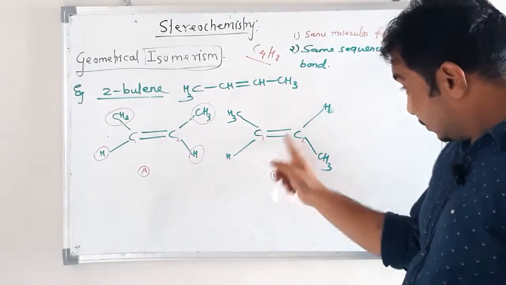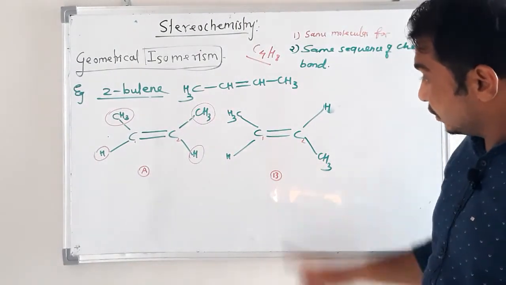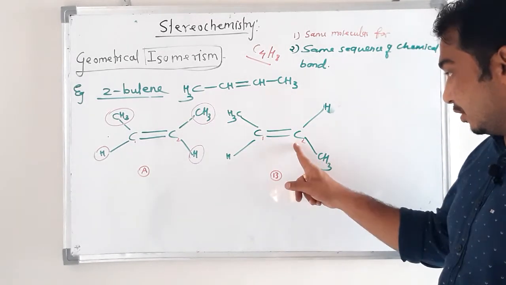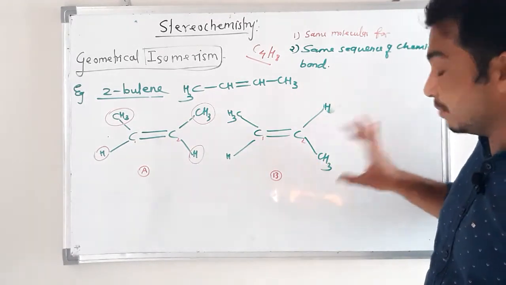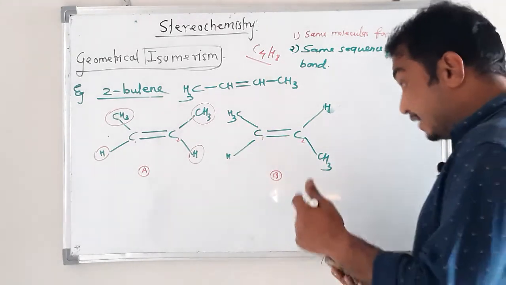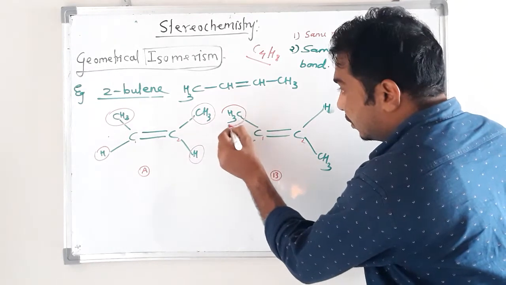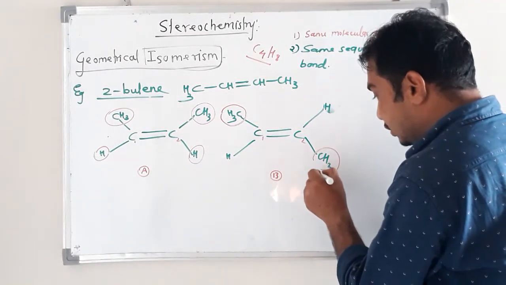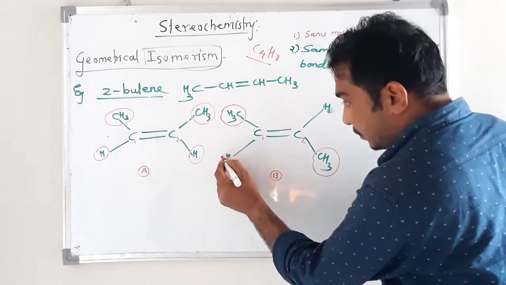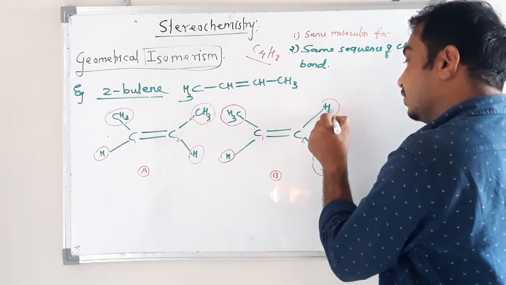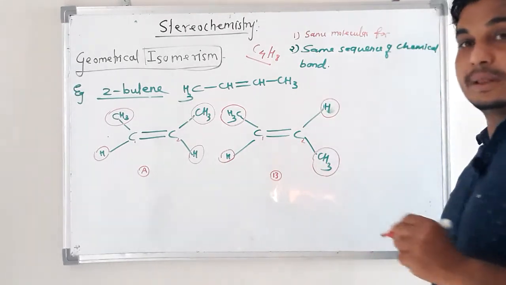But in structure B, carbon number 1 also has a methyl group and hydrogen, carbon number 2 also has hydrogen and a methyl group. But what is the difference between A and B? Here carbon number 1 has the methyl group on the top side and carbon number 2 has the methyl group on the down side. Same, carbon number 1 has hydrogen on the down side and carbon number 2 has hydrogen on the top side.